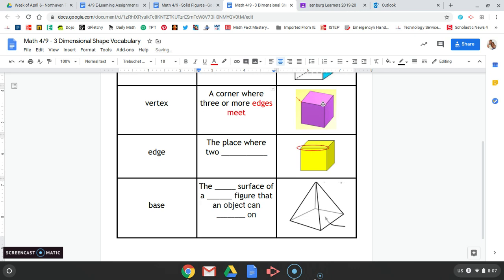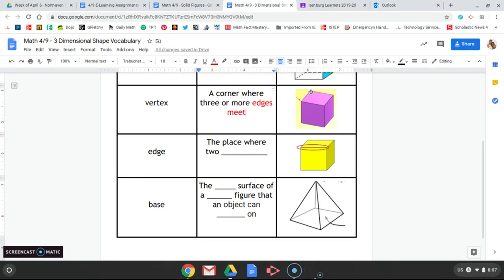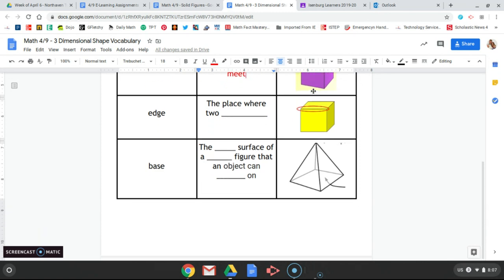If you look here, here's an edge, and here's another edge, and here's another edge. This little dot is where those edges come together. So the vertex is still the corners, but this time we have an extra edge added in there because it's a 3D figure. Okay, so the vertices are still the corners.